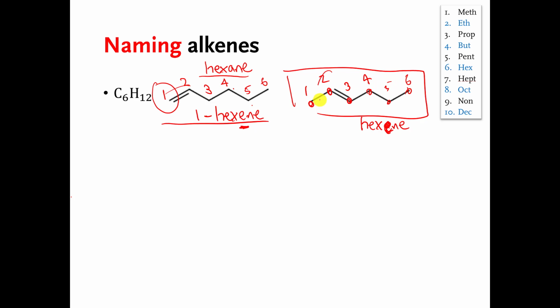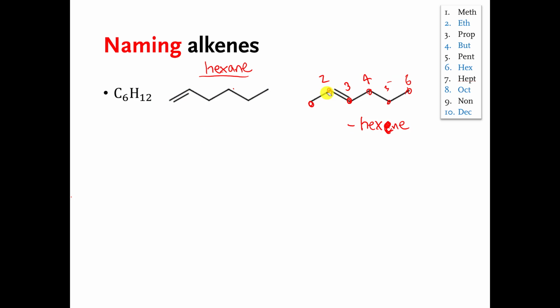And we have to tell people what carbon the double bond starts at. It starts at number 2. So that molecule would be called 2-hexene instead of 1-hexene. That is the extent of naming rules for alkenes. I will not throw side streets on here or branches or anything else. That's as complicated as it would get if I asked you a question like this on a quiz or a test.